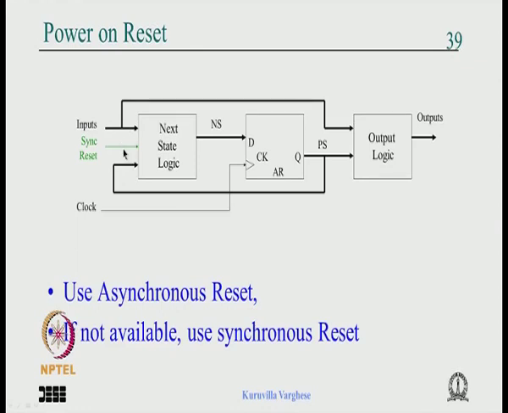So it is equivalent to putting a mux here, and the reset is the select line. When the reset is 1, a 0 goes there, otherwise the next state logic comes here. So if you write code for synchronous reset and give it to the synthesis tool, that is going to happen: at the output of the previously generated circuit, you are going to have a 2 to 1 mux where the select line is reset and you get a 0.